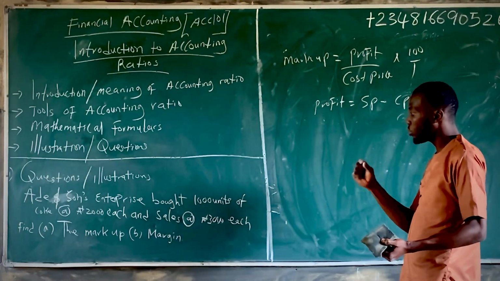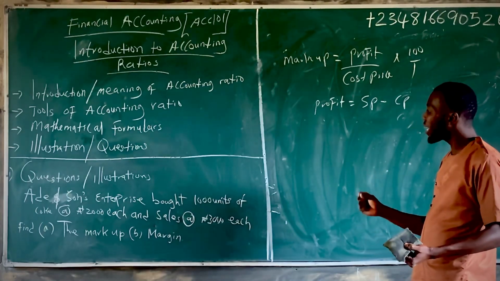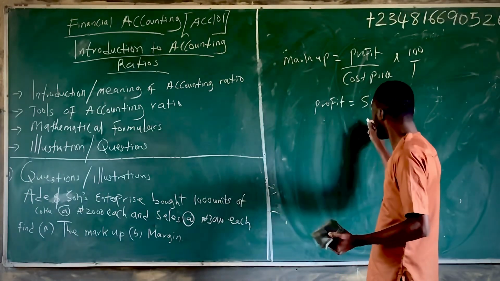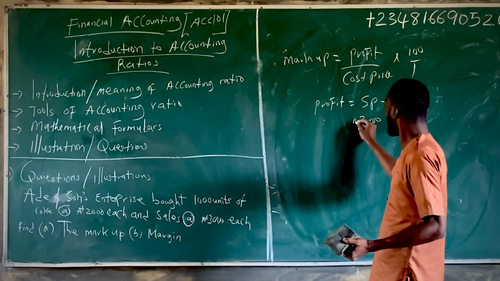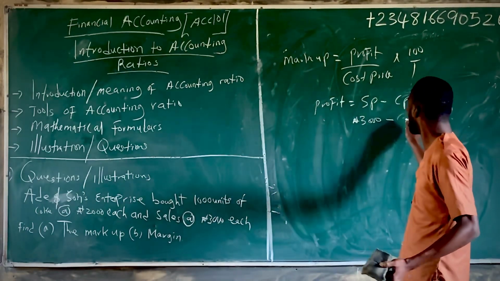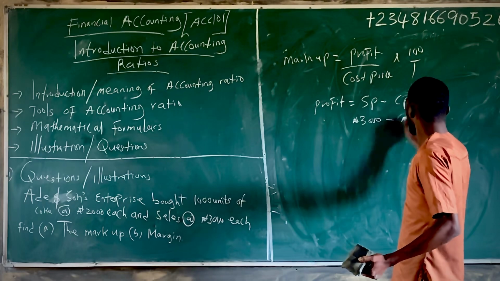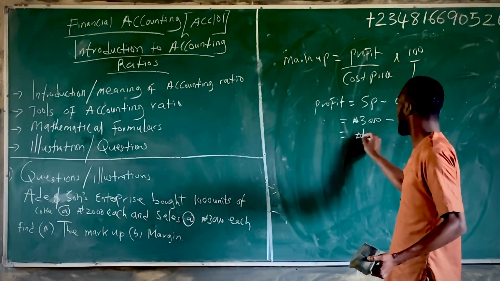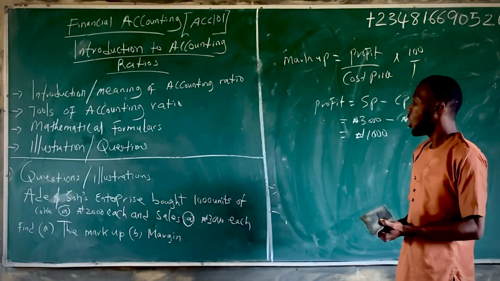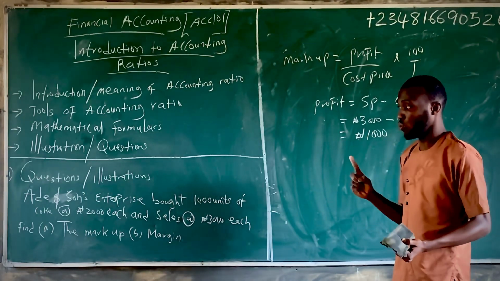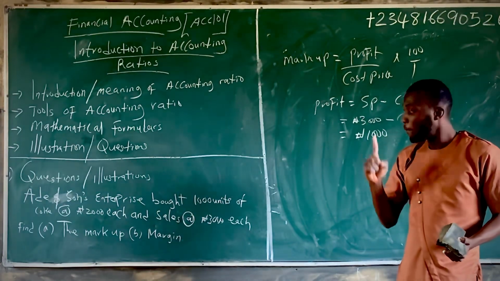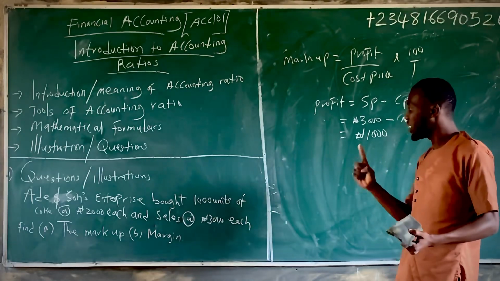Our selling price in this question is 3,000 naira, minus our cost price of 2,000 naira. So we have 1,000 naira gain per unit of the product, which is per bottle of coke.